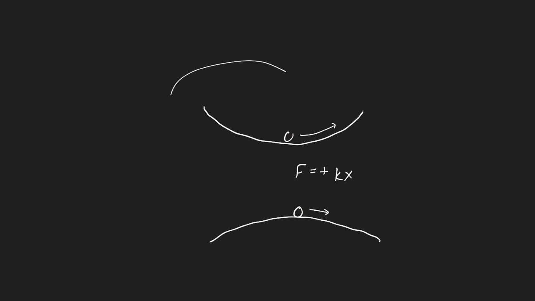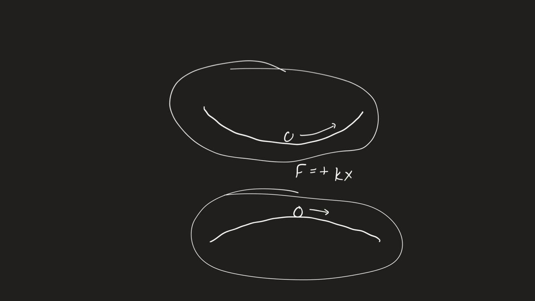We want to build buildings that do this. We don't want to build buildings that do that. Right? If our building gets displaced to the right because of an earthquake, we want forces that will push the building back to the left. We don't want, when our building is displaced to the right, forces that push the building off its foundation. And I know it sounds silly, but this is why you study this.